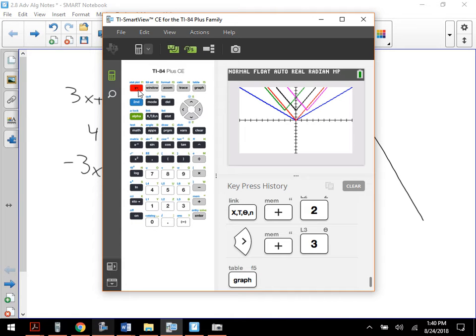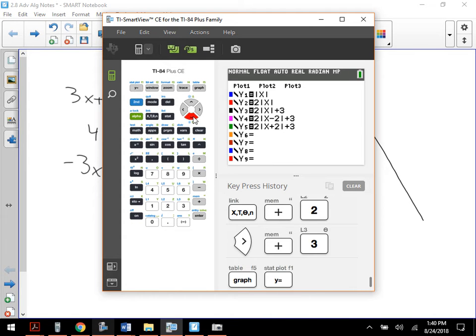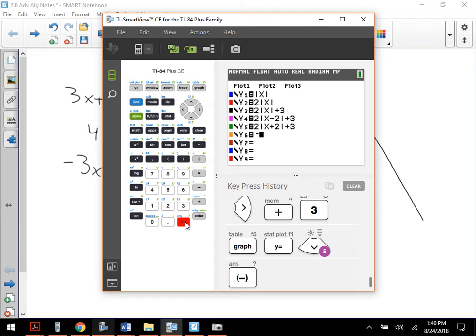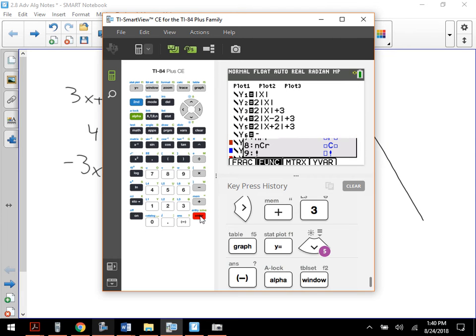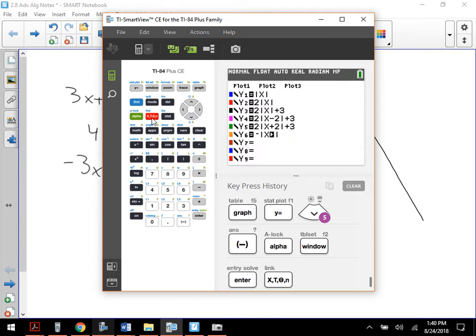Y equals negative. The negative button is different than the minus button. The negative button is down next to the decimal. If you use minus, it's not going to work. Absolute value, x, graph.